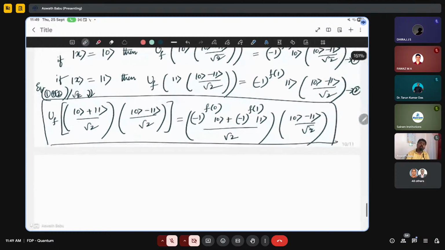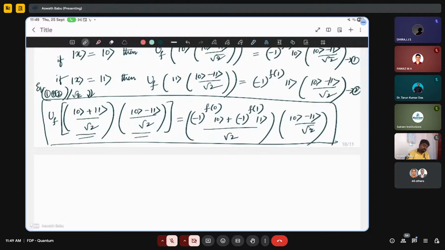If you carefully see this, the unitary function acts on a positive superposition as the control and a negative superposition as the target, giving you something. Now, as we know, the function values can be 0 or 1.